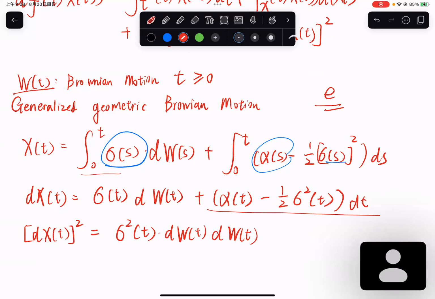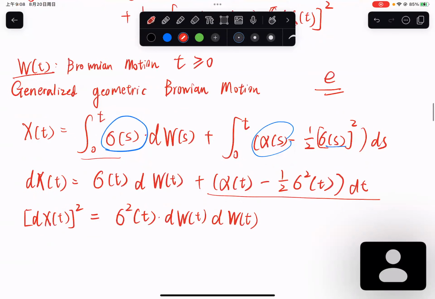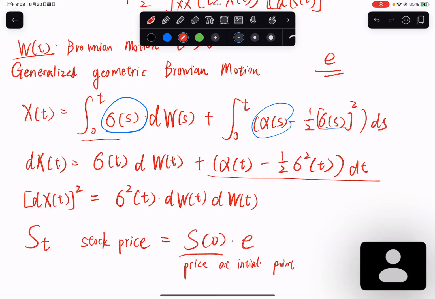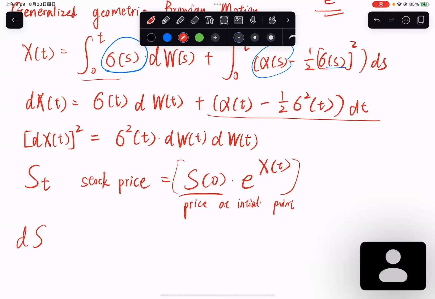Now, consider an asset pricing process S_t, which is the stock price, equal to S_0, the price at the initial point, multiplied by the exponential of this X_t. Then this is non-negative. If we take the derivative of this S_t, it is the same as taking the derivative of a function of X_t.